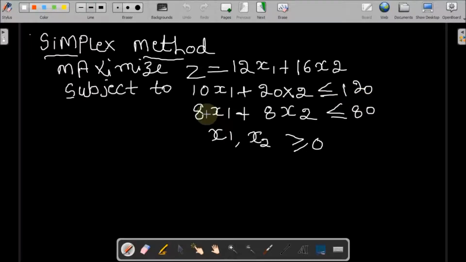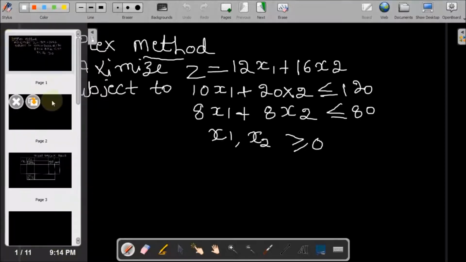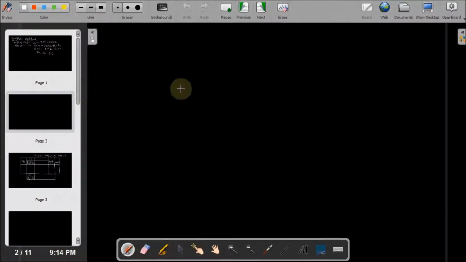The second constraint is 8x1 plus 8x2 less than or equal to 80, and x1, x2 greater than or equal to 0. So I have to solve this problem using the simplex method.